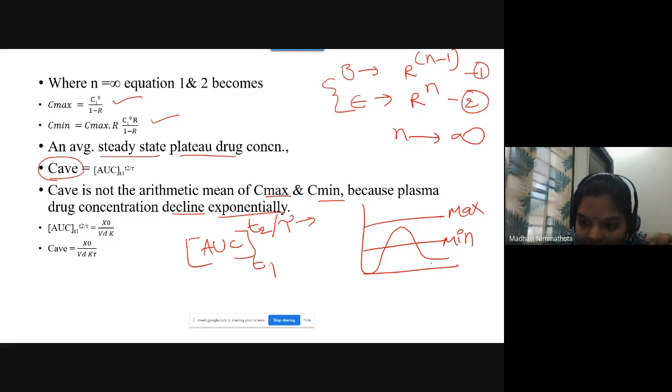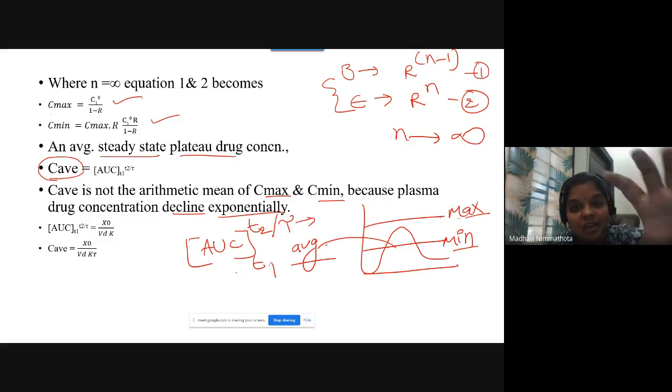It will decline after some time, so it is not the arithmetic mean of the maximum and minimum. Here we are calculating only the average drug concentration with respect to the AUC. When we consider the area under the curve, it is very easy to calculate the average plasma drug concentration.